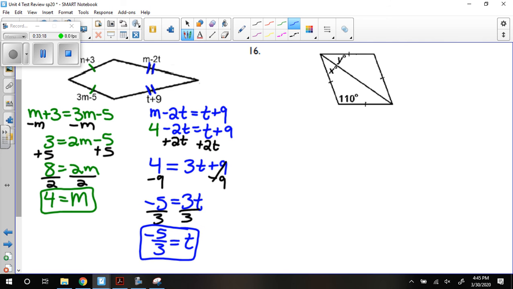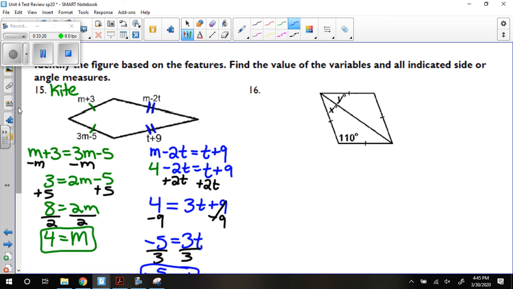Okay, now in the directions, they want you to find the value of the variables, but then they also want you to find all of the sides or the angle measures. So in my figure here, if I do m plus 3, 4 plus 3 is 7. So this side is 7, which means this side should be 7.